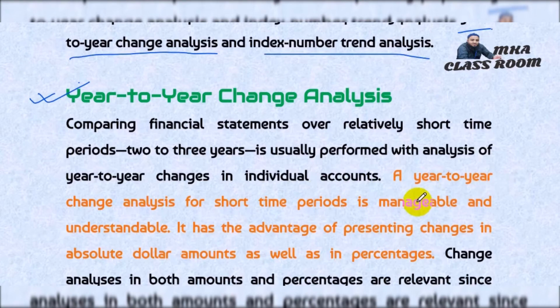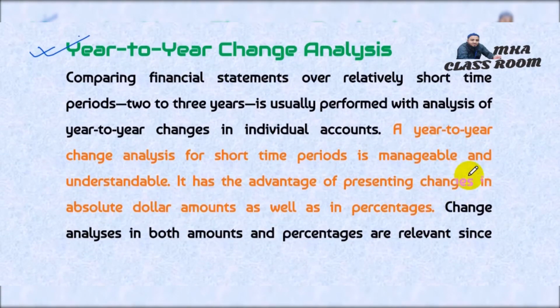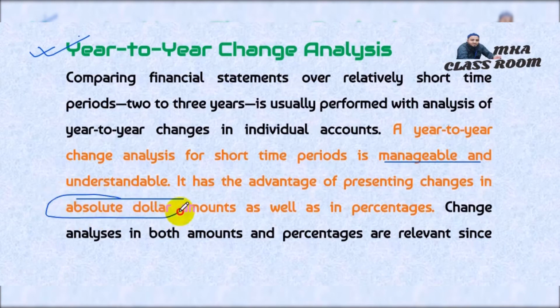A year to year change analysis for a short time period is manageable and understandable. It has the advantage of presenting changes in absolute dollar amounts. So here the important thing is absolute dollar amounts, or absolute taka. Year to year change also shows you absolute dollars, as well as the percentage.